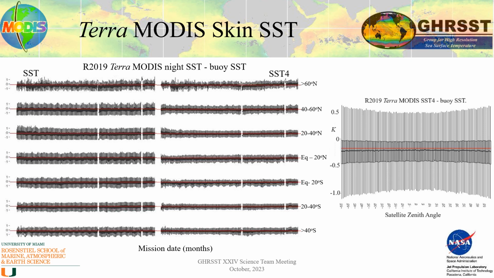There is a growth in the uncertainty across the scan with increasing scan angle, but the median value is essentially constant. The red line is positioned at minus 0.17 Kelvin, which is taken as the average thermal skin effect.